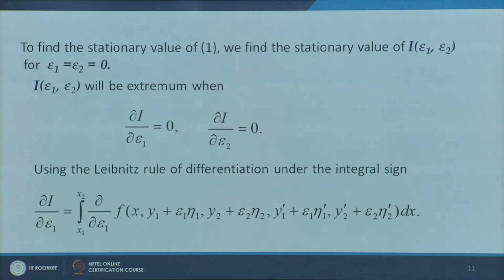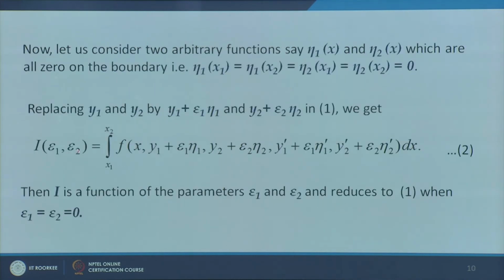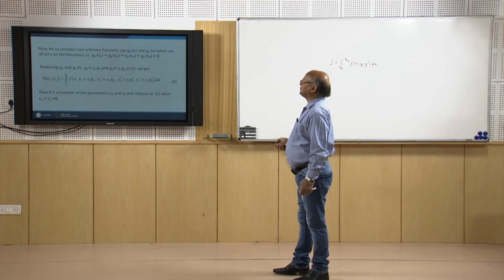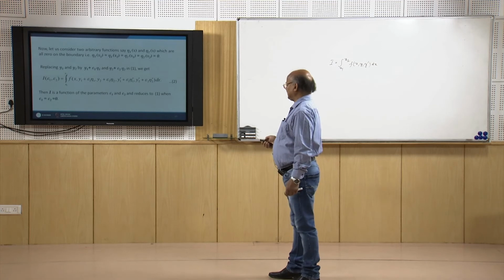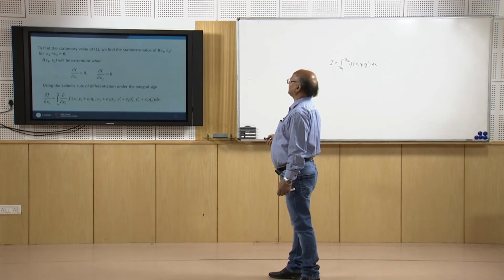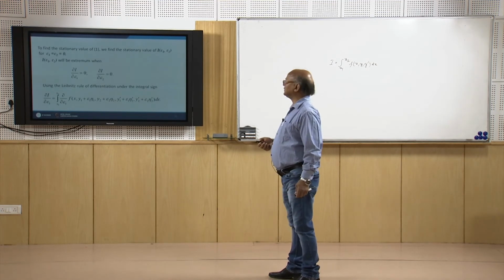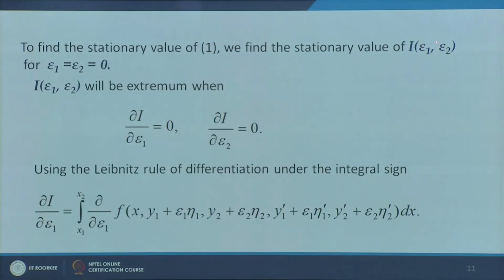Now to find the stationary value, since I is a function of two variables epsilon 1 and epsilon 2, it will assume an extremum value provided its partial derivatives with respect to epsilon 1 and epsilon 2 are 0. Those are the necessary conditions for I(epsilon 1, epsilon 2) to have an extremum value.